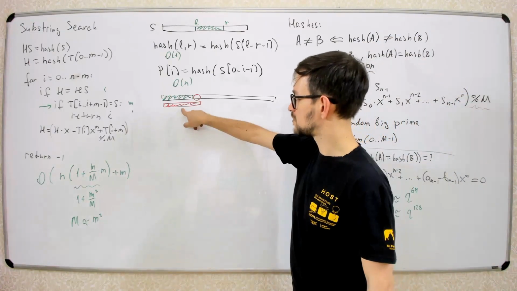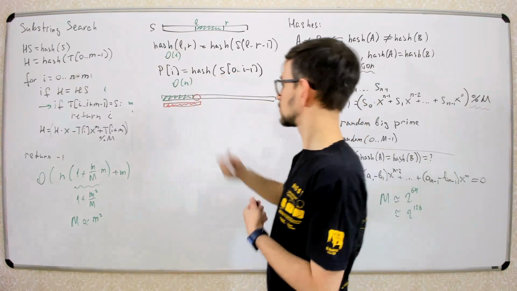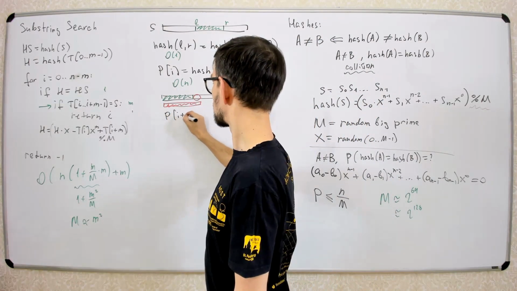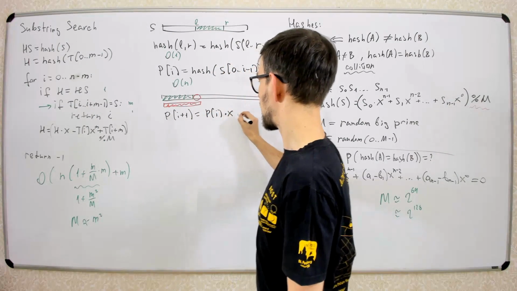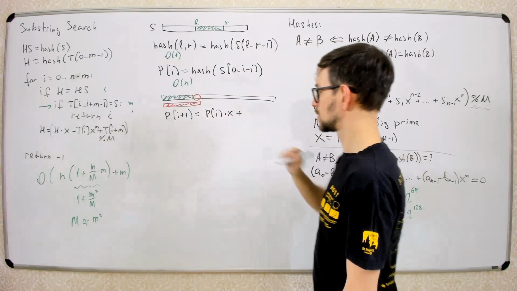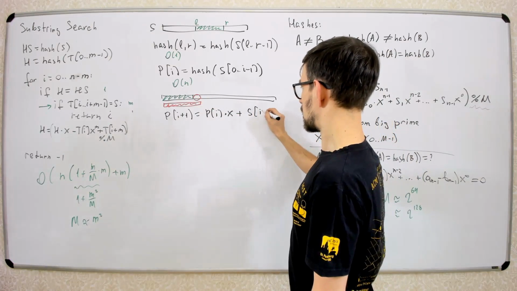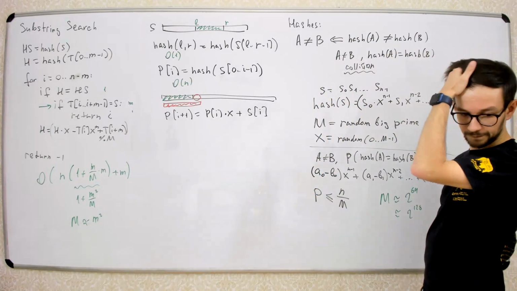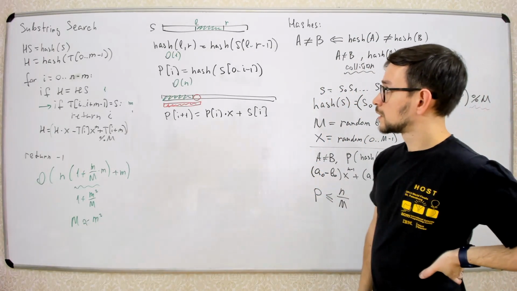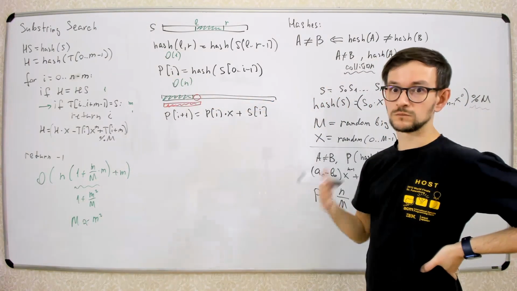You just take this polynomial, multiply it by x, and then add the last character. So P i plus 1 will be the previous polynomial multiplied by x, plus this last element, which will be s I. So you can calculate all these hashes in linear time. That's cool.